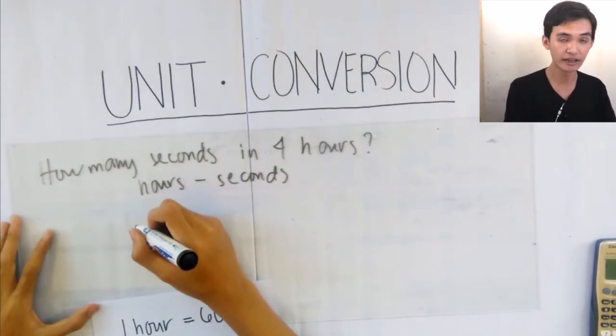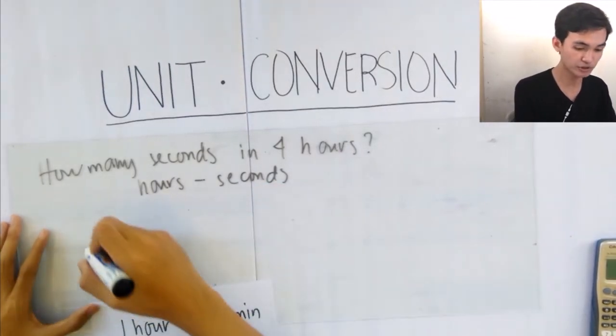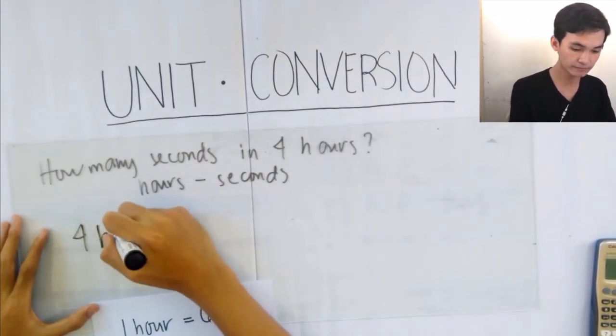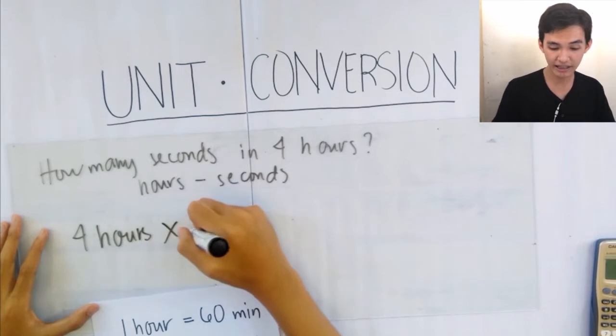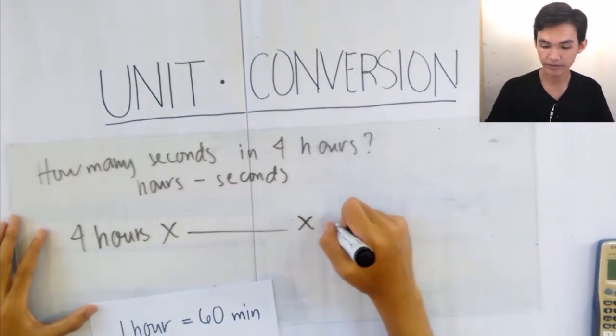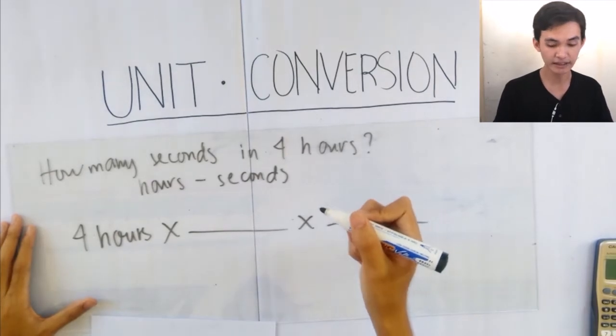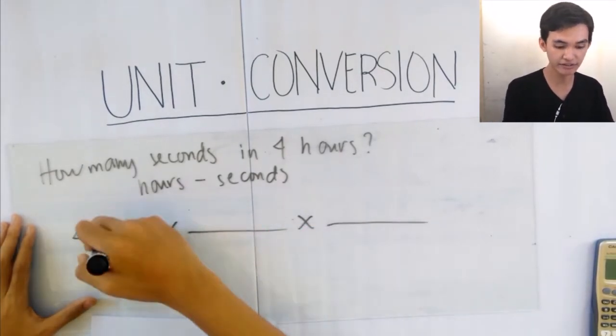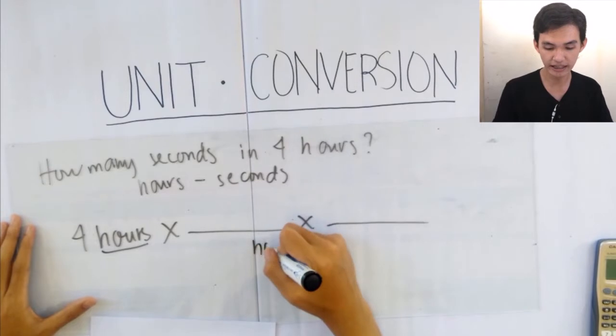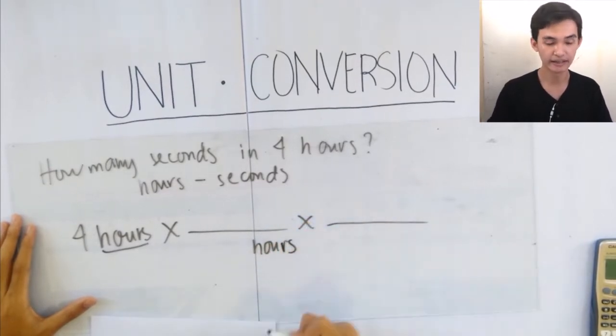So again, write down first the given in the problem, which is 4 hours. And just like what the other examples did, write the unit given in the denominator so that we can cancel it.